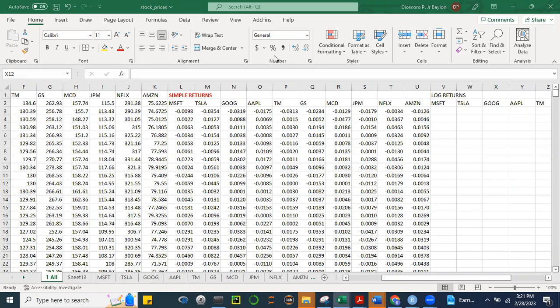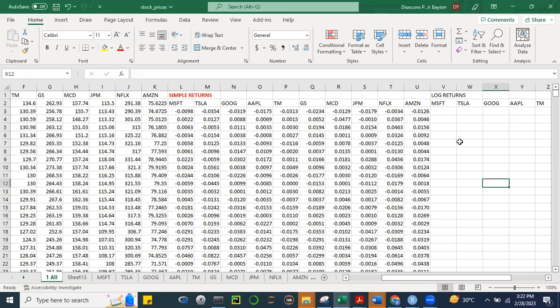Ln of t over t minus 1. What's your t, Luis? For example, row 3 po, sa your Excel, what's your t here? The price at the current day, time t, no? Diba? Yes po. And time t minus 1 is the price of the previous day. Depende kung weekly or monthly, kasi pwedeng monthly, pwedeng weekly. In our case, our data is daily.